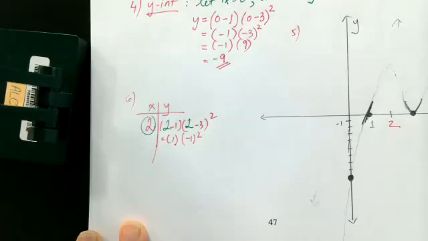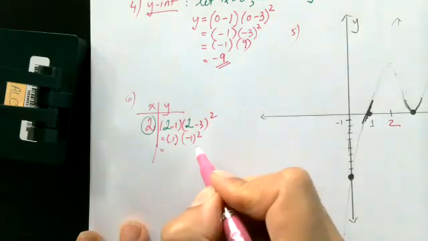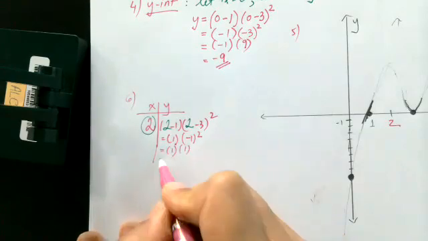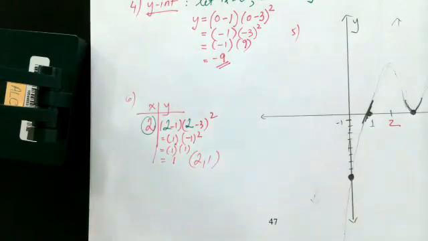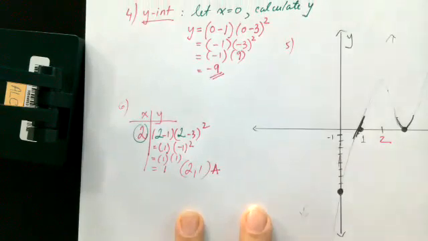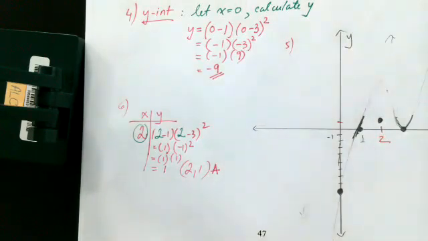Square it. -1 squared is +1, times the 1. It's going to still give you 1. So the point is (2, 1). I'm going to name it my point A. So this is where 1 is. I'm going to put my point (2, 1) right there. A.